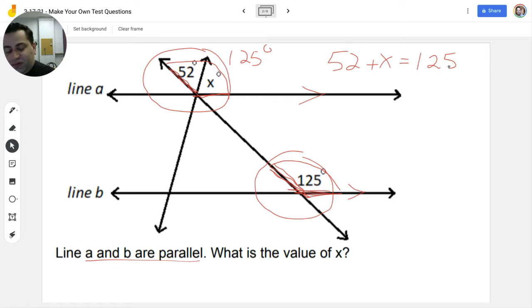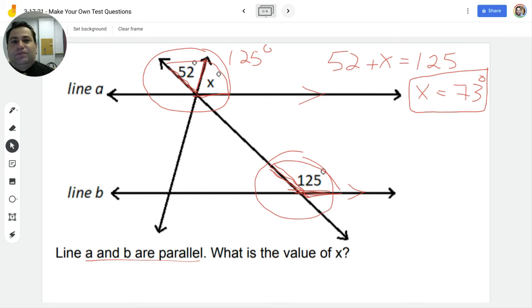In order to solve for x, I would just take 125 and subtract 52, and I would get 73 degrees. The tricky part of this is this ray that breaks up these angles here. That kind of throws everyone off. Don't let that deter you when you're trying to solve these problems.